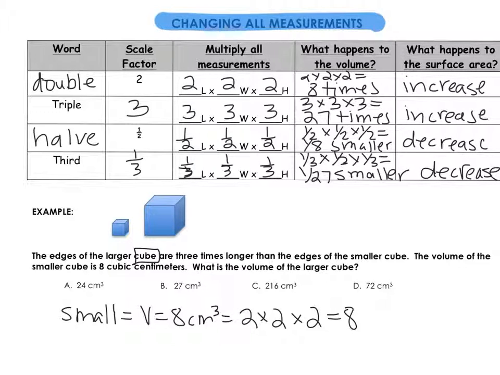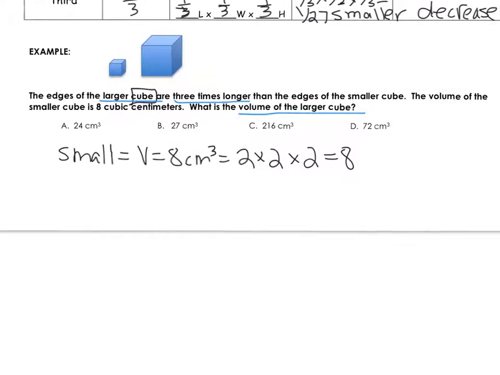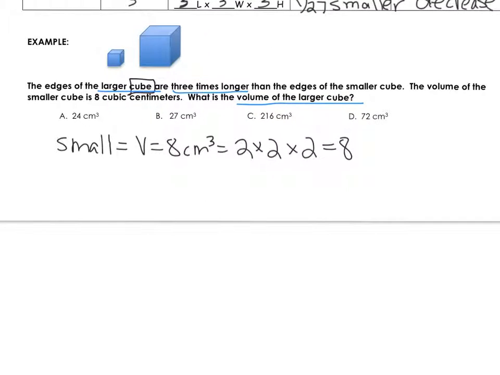So now what I need to figure out is the volume of the larger cube. They said that the larger cube is 3 times longer on every edge. So I'm going to take my length and multiply it by 3. I'm going to do 2 times 3, which gives me 6.